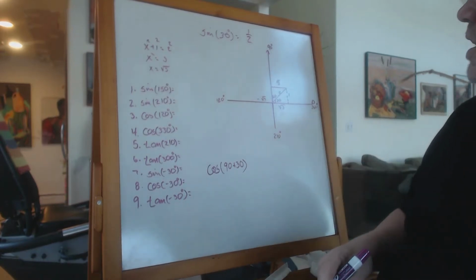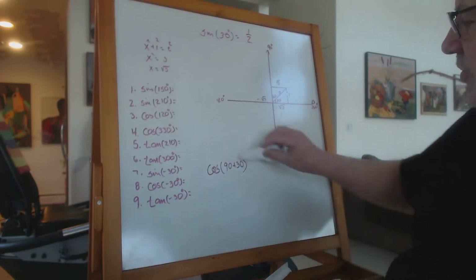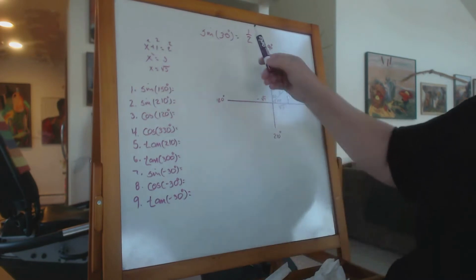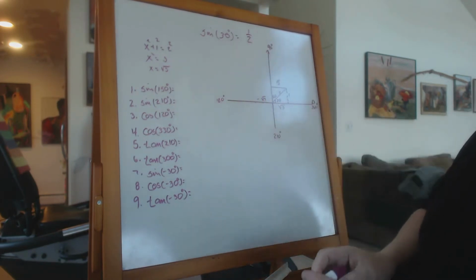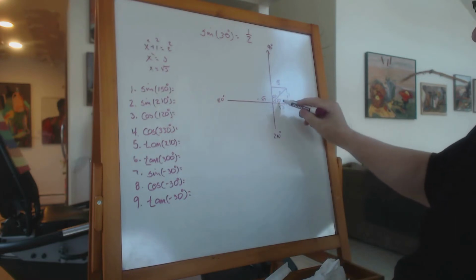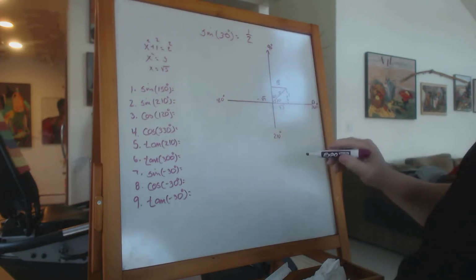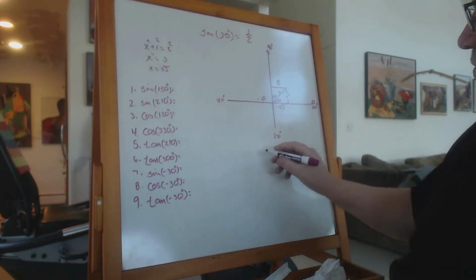Okay, good morning. We're going to be looking at some problems here, and we've been given this condition that sine of 30 is 1/2. I've drawn that condition here, 30 degrees, so the height 1 over the hypotenuse 2 yields an x of square root of 3.